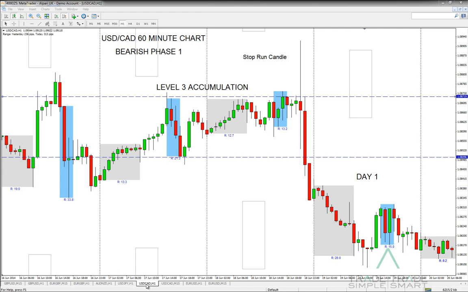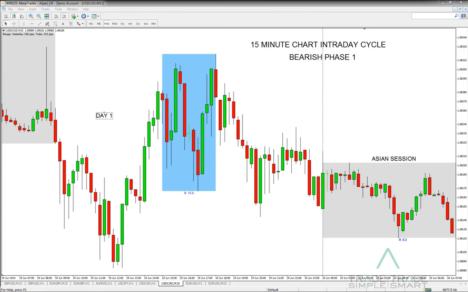We would be flicking over to our 15-minute chart, and because we have identified a bearish phase 1 during the Asian session for the current trading day, we will be assuming that during the accumulation process, smart money are going to be accumulating sell orders, because we're expecting a second move down to complete part of the smart money cycle.